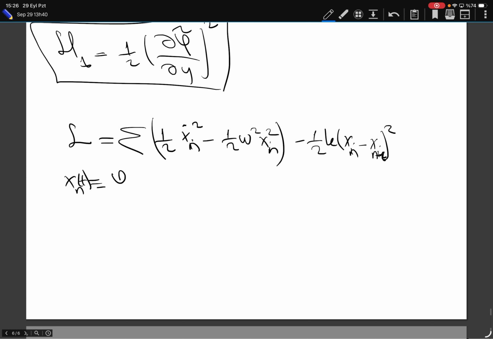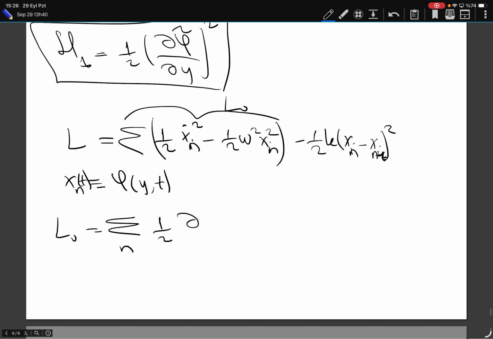So my Lagrangian, let me call this part L0. L0 will be the sum over n of 1 over 2 del phi by del t squared. By the way, I made a mistake. Let's forget about this phi tilde for the time being. It will have a different meaning.